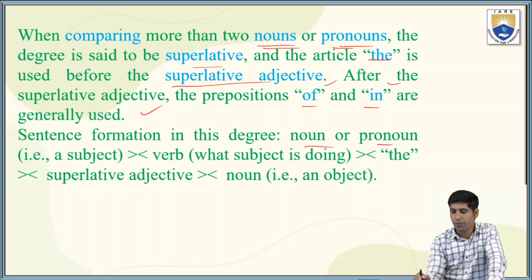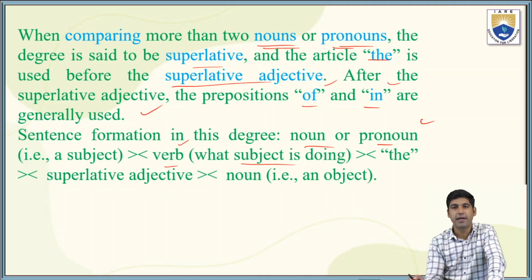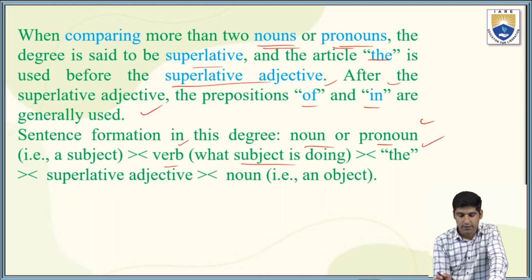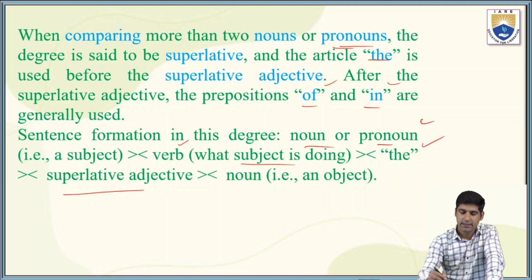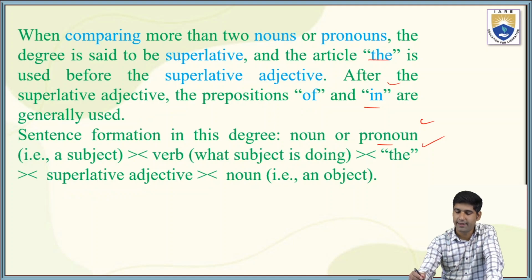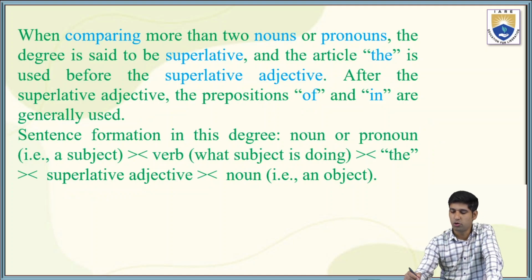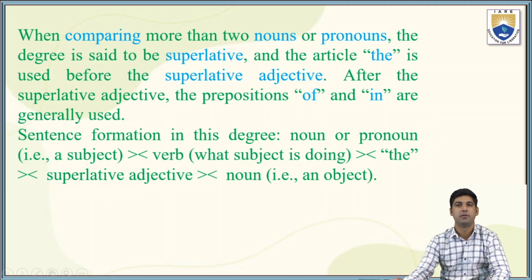That is noun or pronoun, that means the subject, then the verb, meaning the action of the subject, then we need the definite article the, then the superlative adjective, or sometimes it may require of or in, and at the end we have the object. This is how we can form a sentence using the superlative adjective.